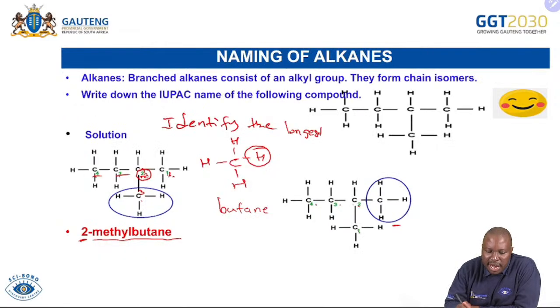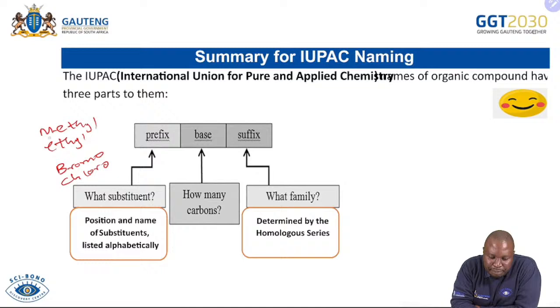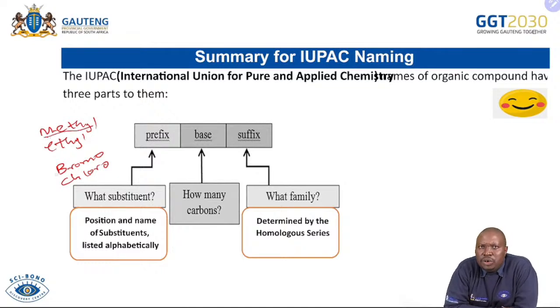So the same here, if it's a methyl, then this substituent, you must tell us in which carbon we find the substituent. So it's important that this substituent is given a number to say in which carbon. Unless we are having only one, for example, if you are having bromomethane, it will always be in carbon number 1.